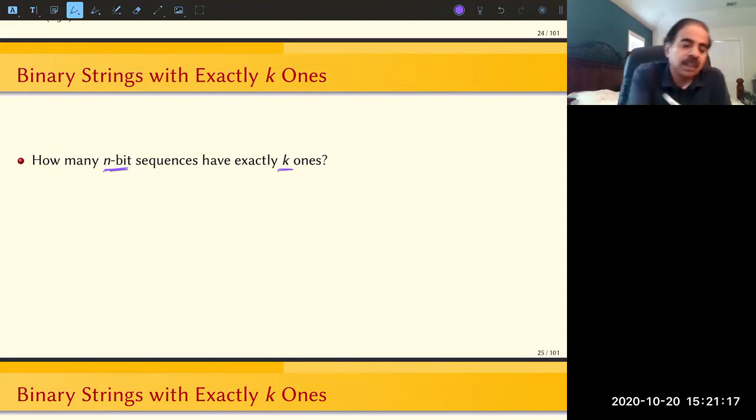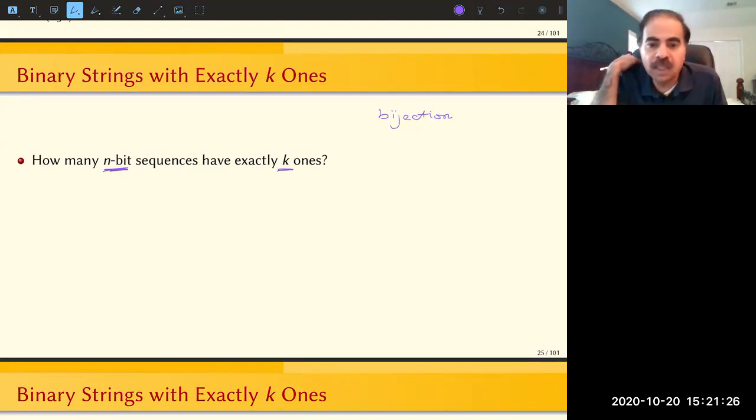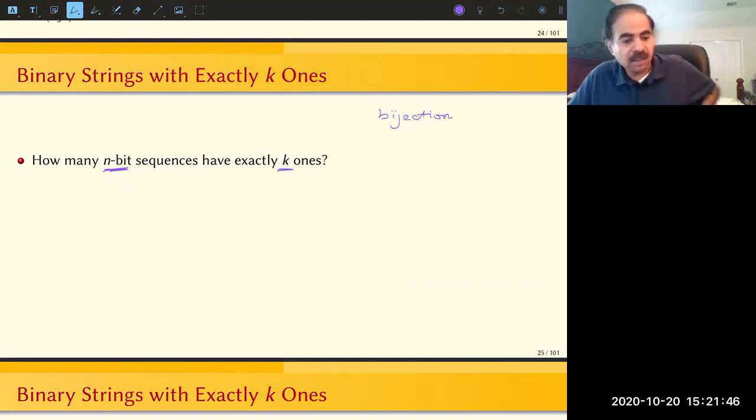So the recurring theme in counting is bijection, right? So remember when we were talking about cardinality of sets, we were using bijections to prove that sets have the same cardinality. And when you deal with finite sets, counting is still going to be based on bijection.